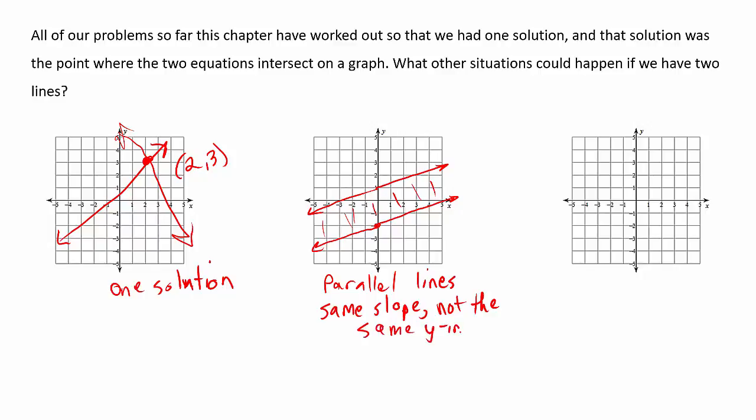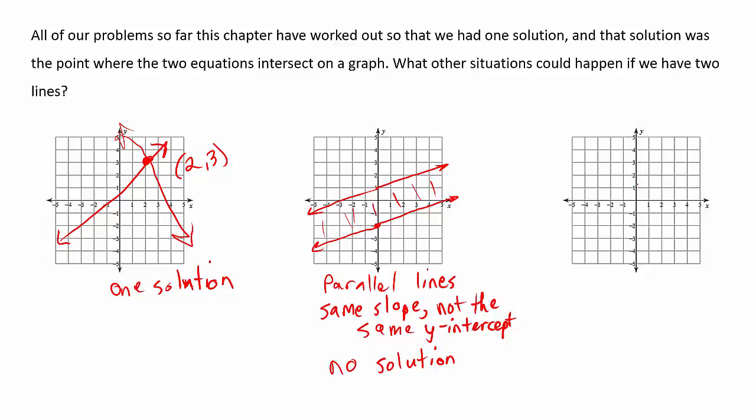So they had the same slope, which is how we knew they were parallel lines. Whenever this happens, we say there is no solution to a problem like this. Because if the solution to our system is where they intersect and they don't intersect, then there can't be a solution at all.